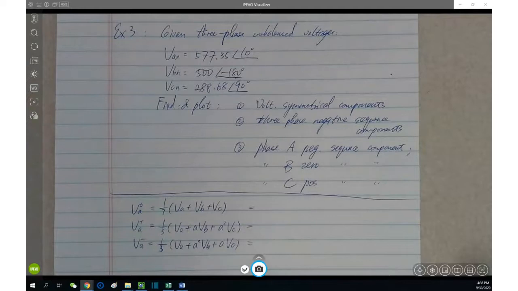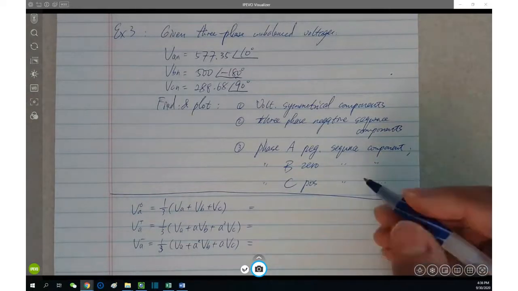So I'm presenting the calculation result for symmetrical component.